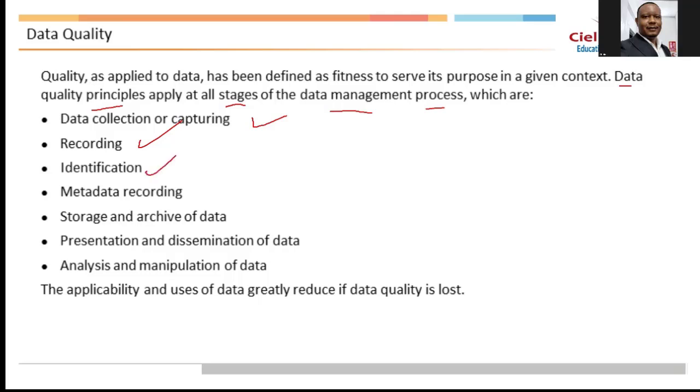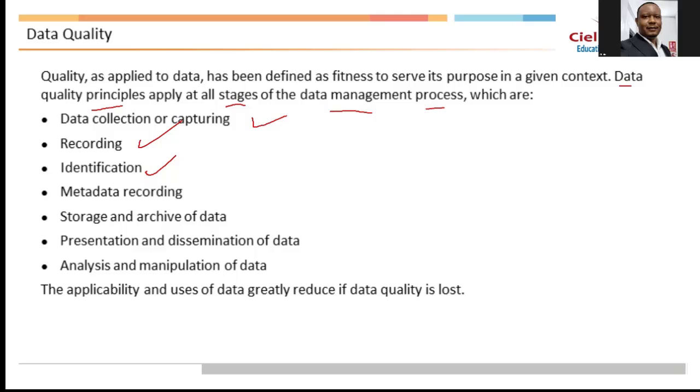As well as identification. So each piece of data needs to be uniquely identified. You know how we all have our unique phone number or unique account number? That's a typical example of what we call identification. So the unique identification will help to ensure that the data can be tracked, that the data can be spooled, that the data can be referenced.